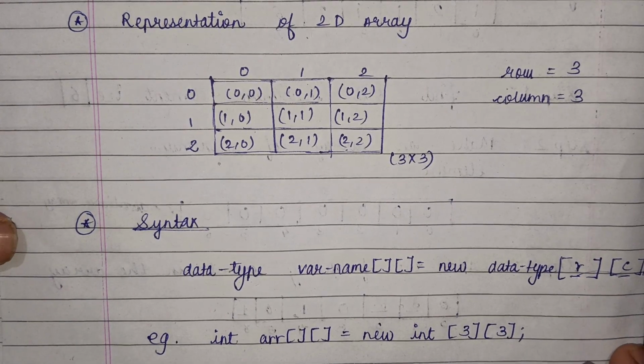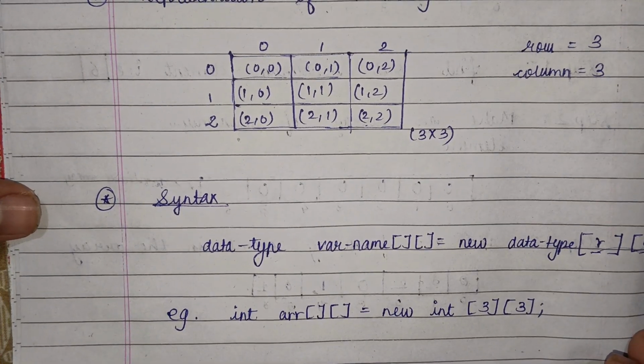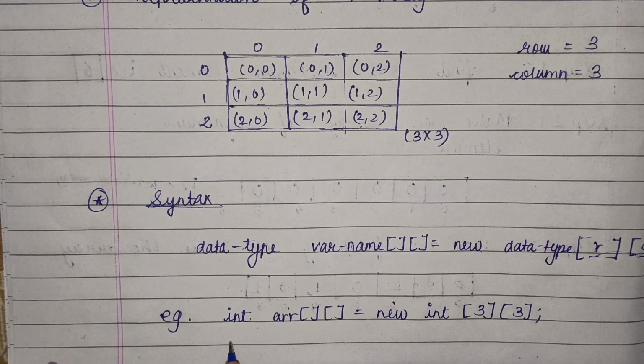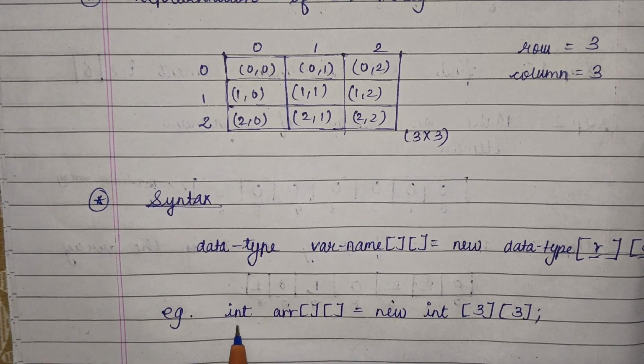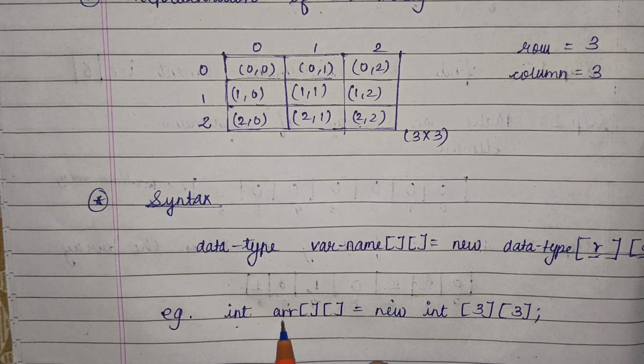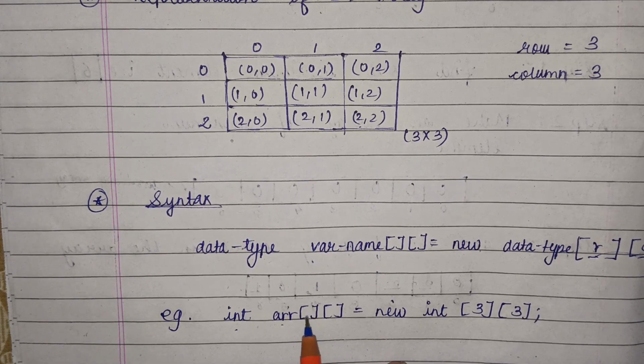I have created one example here. I have created an array of a 3 by 3 matrix, so the number of rows is 3 and the number of columns is also 3. I have created an integer type matrix, and I have given the variable name as arr, and written the two square brackets.